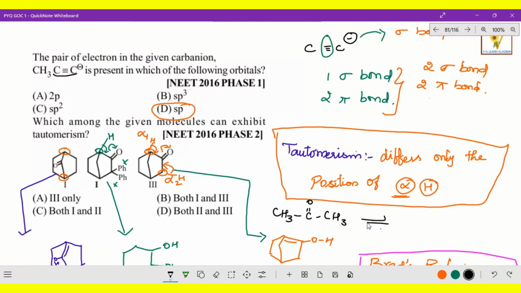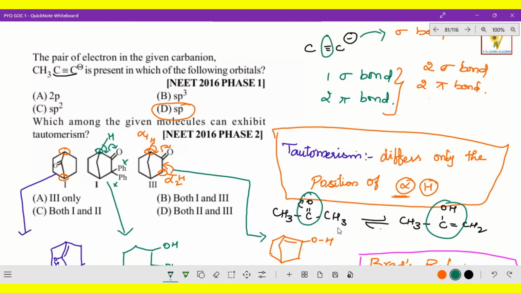Now in this, what will you write? CH3 C, here OH. From here one hydrogen shift takes place. So that means one hydrogen is shifting from here, so automatically it goes over here. And then here you will get the CH2. So this is what we are showing, keto-enol tautomerism.